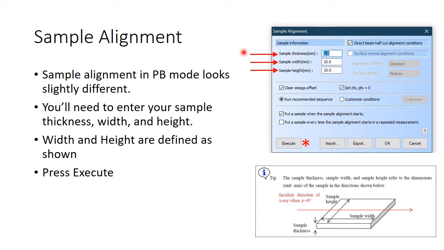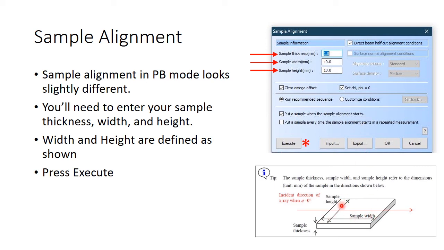So in parallel beam mode, we have 3 things that we need to enter. The sample thickness is just like we talked about before, and these are all defined at the bottom here with respect to the X-ray beam, which is shown in red. The sample height is the length of your sample perpendicular to the X-ray beam, and the width is then parallel to that X-ray beam.